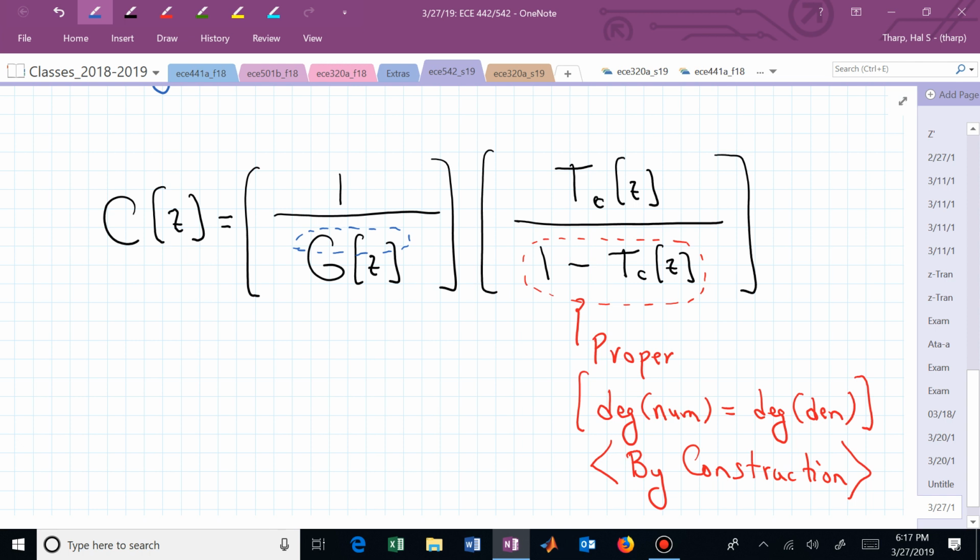Meaning, if we do not want C of Z to have poles that would cancel unstable zeros in G of Z when we multiply G of Z by C of Z, then we want to make sure that those unstable numerator factors in G of Z are in fact canceled by a consistent factor in T sub C of Z, and then they won't be in our controller, capital C of Z. So this is restriction 2.